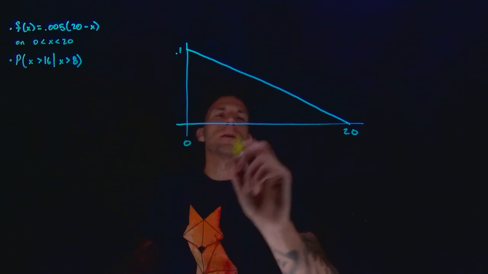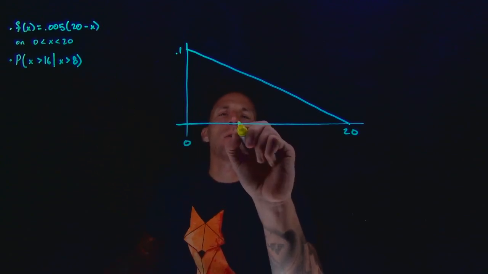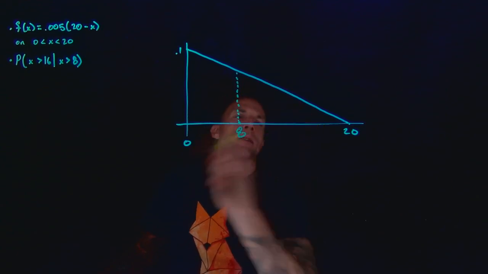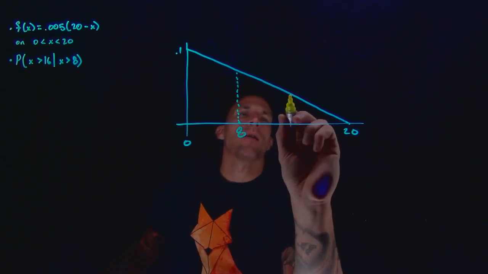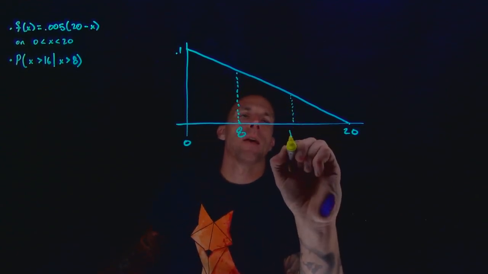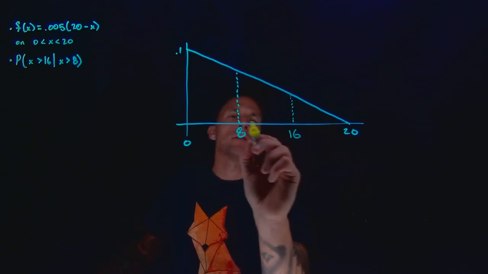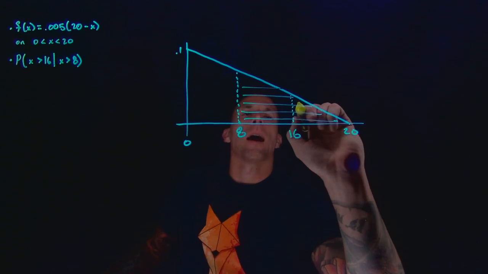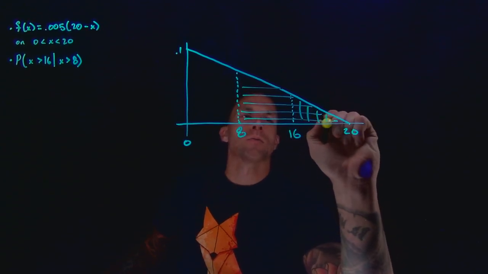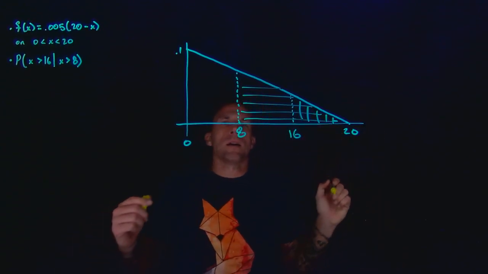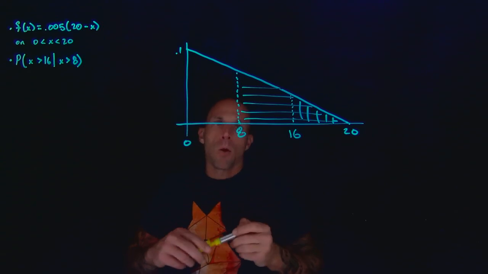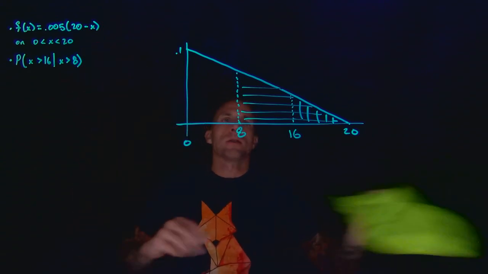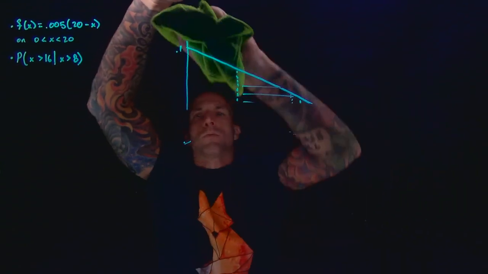And what we're saying here is that knowing for sure that we are already past 8, how likely is it that we are going to be past 16? So given that we are in this region here, how likely is it that we're in this region here? So it's still just conditional probability. We've just got some integration to do in order to get our answer. So let's wipe that away.